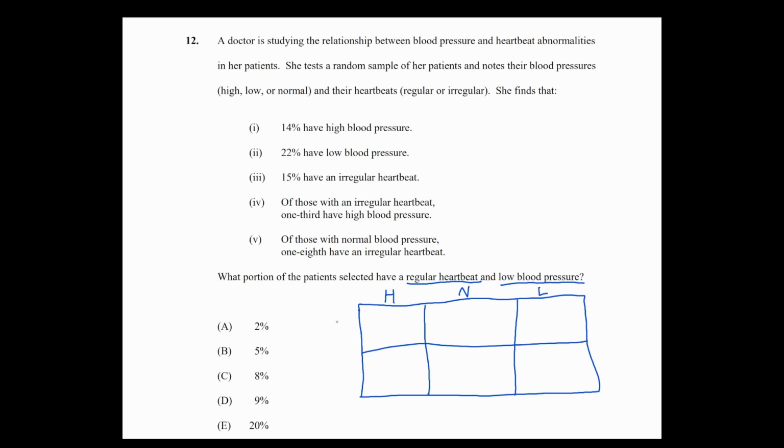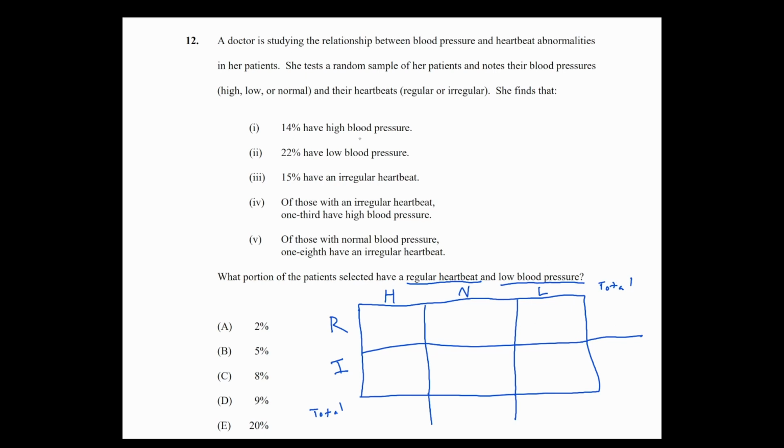For heartbeats, this top row is going to be R for regular and I for irregular. And these portions at the bottom are going to be totals. Let's extend these to show that we're making different cells. All right, so let's fill out the totals first.